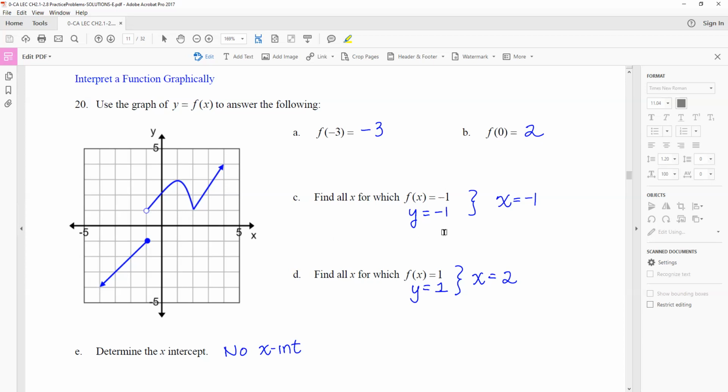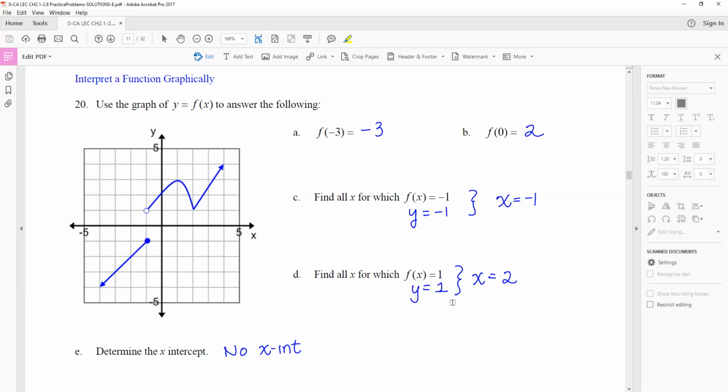For c, in this case, we are saying that y equals -1, and we have to find out what x is. So we find out where y is equal to -1 right here, and we see what x is, and it has a value also of -1.